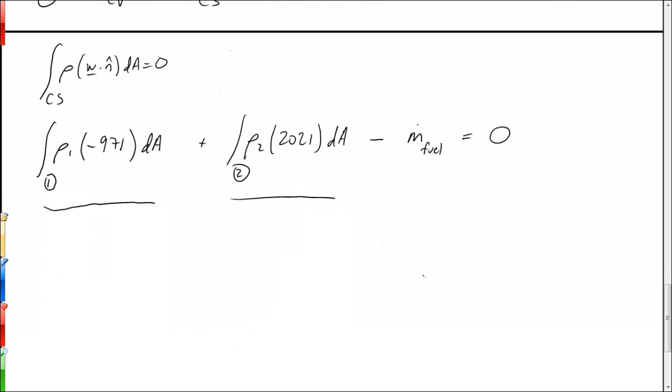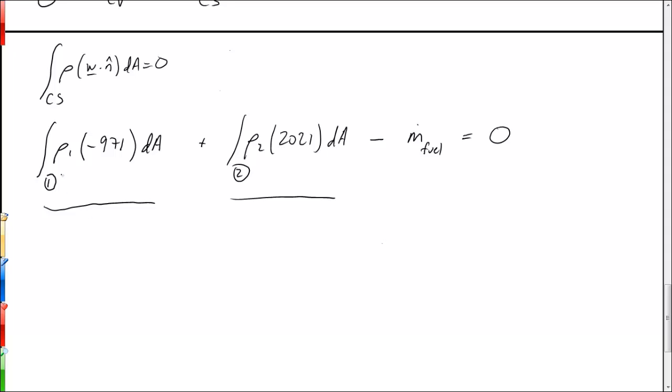Now, assuming uniform flows, we can write each of these integrals as the average velocity times the area. Actually, it doesn't have to be a uniform flow because we're talking about average velocities.